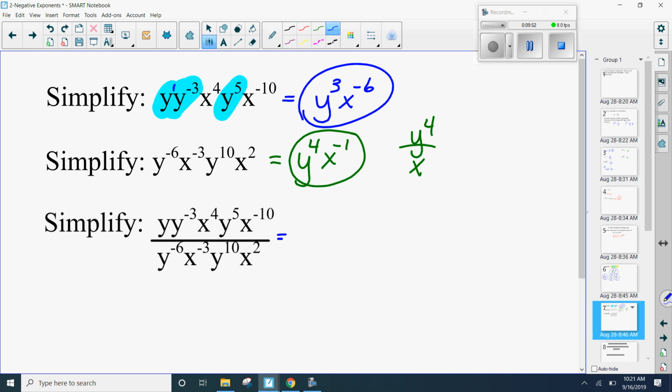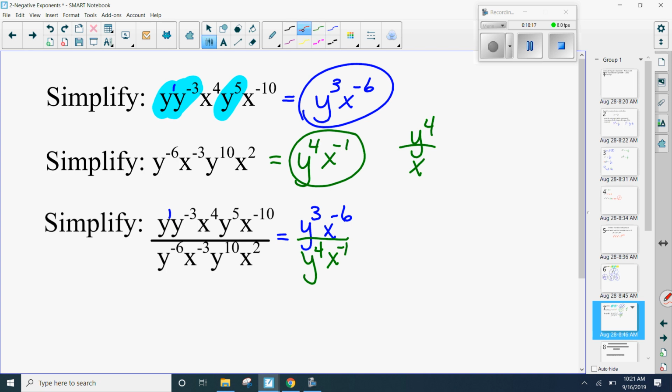So if I work with the numerator, you're going to get y to the 3rd, x to the negative 6th. And if you work with the denominator, when you group the denominator, you get y to the 4th, x to the negative 1st. That's why I would not write it as a fraction when simplifying it, as in that right there, Jared.